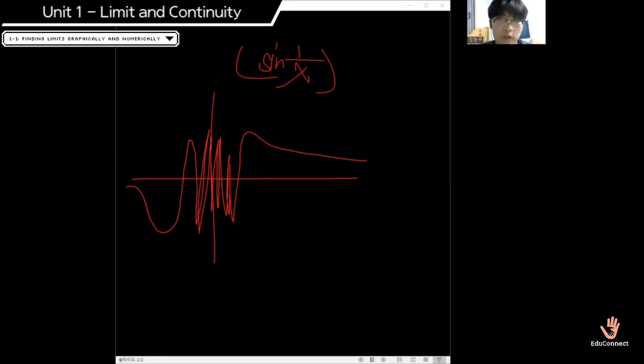This is referred to as an oscillating graph. The value of the function is not approaching a number as we get closer and closer to zero. So in this case, the limit does not exist. Anytime a function has this oscillating behavior, we can say that the limit does not exist.